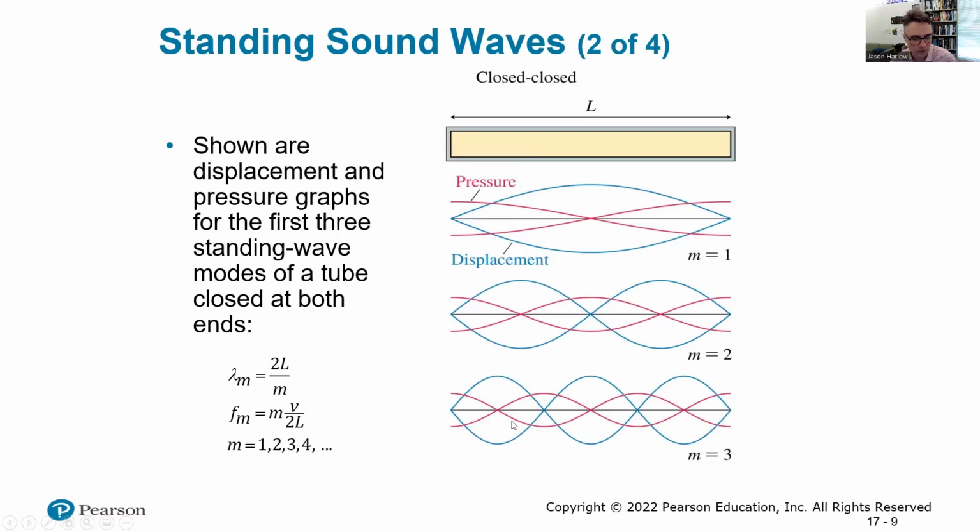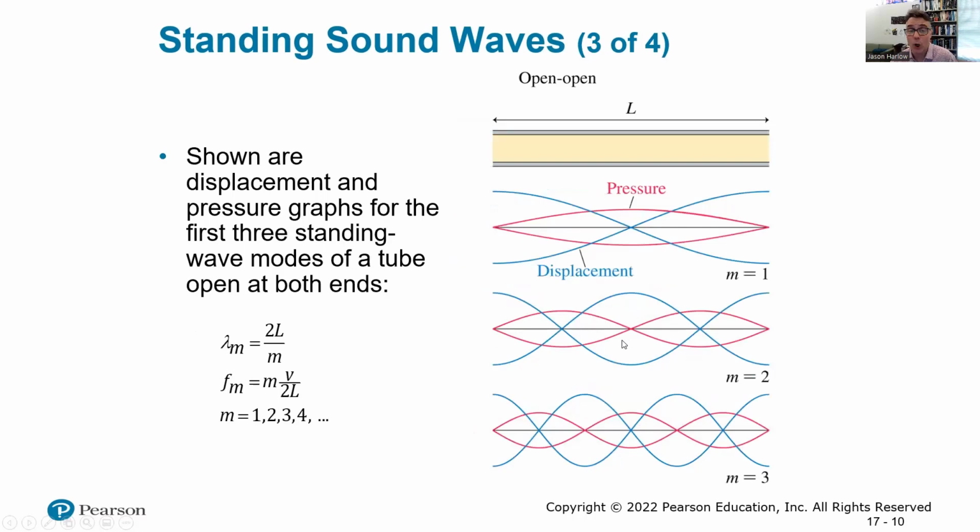In each case, the lambda is 2L over m, where L is the length between the two ends. The frequency is m times v over 2L. v here is the speed of sound in air. And m is any integer, 1, 2, 3, and 4. If you have an open tube, this forces pressure nodes at the ends because those are open to the ambient pressure.